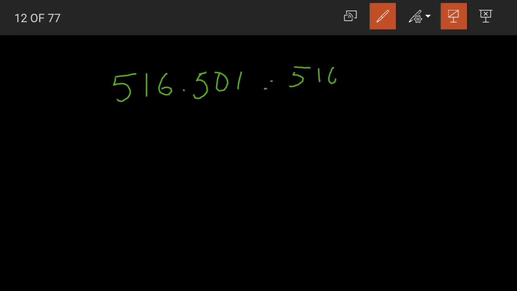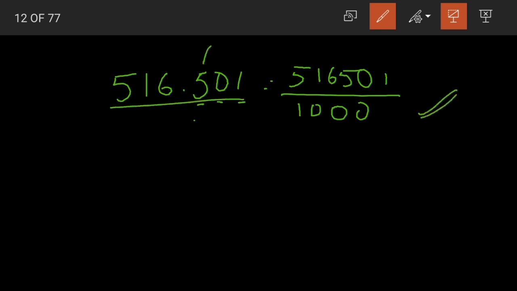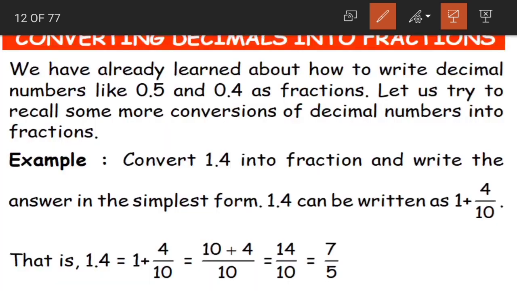First write the number as it is without any point, divided by, write 1, and after 1, how many decimal places do we have? We are having 3 decimal places. So that is why after 1 we need to place 3 zeros. Understood, children? 516501 by 1000. This will be our fraction, decimal converted into a fraction.